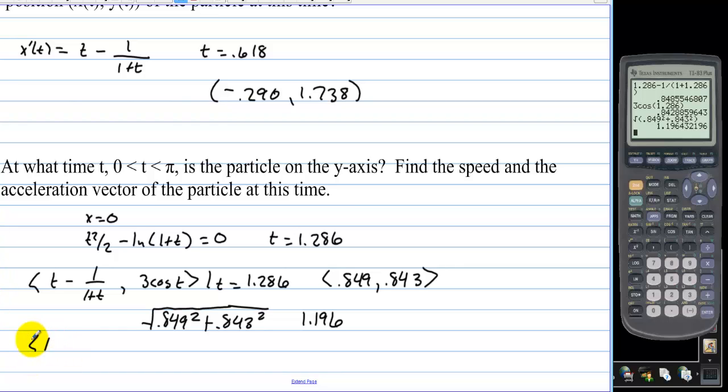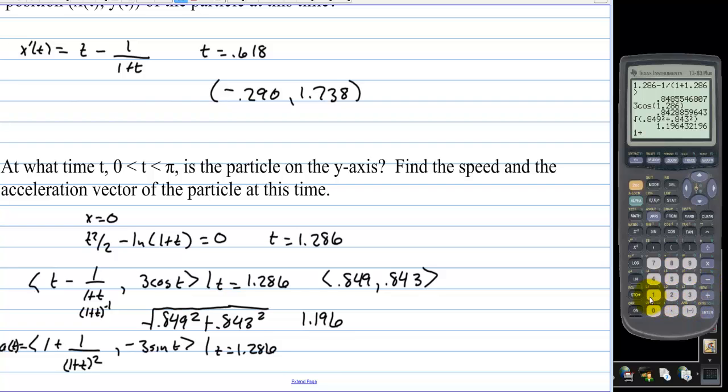So the acceleration is equal to 1 minus, this is actually 1 plus t to the negative 1, so that's going to be plus 1 over 1 plus t squared, comma, and then we have negative 3 sine of t, and we're evaluating this at t equals 1.286. So we go back to the calculator.